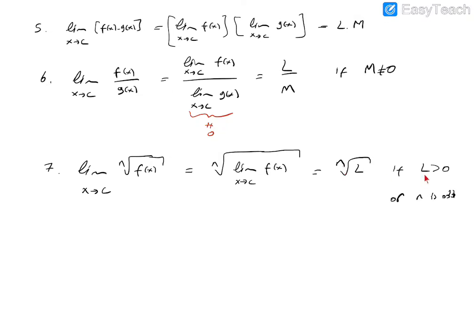For example, if L is -1 and n is 2, the square root of -1 is not defined, so it is not possible. So either L is bigger than 0, or if L is negative, n has to be an odd number. Otherwise, you cannot use this formula or these properties of the limit.